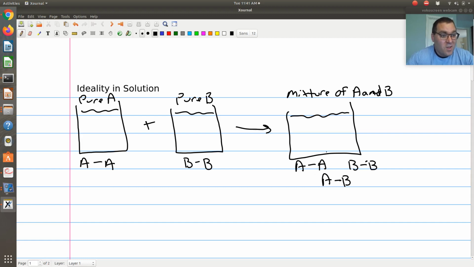You can think of it as A interacts just like B. A and B are one and the same, so that if I am a molecule in this mixture of A and B, I am just as comfortable in that mixture as I am in pure A and pure B.